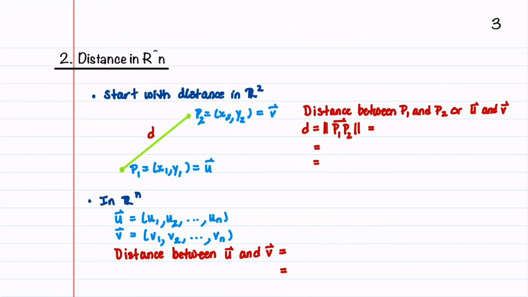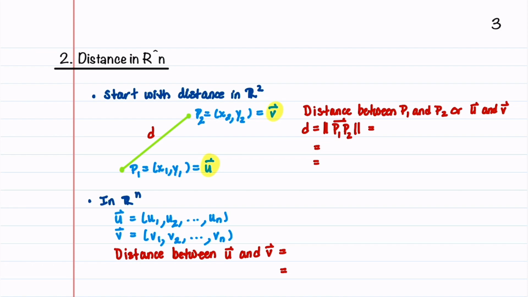We're now going to go over how to calculate the distance between two vectors. We'll start with finding the distance between two vectors in R2. We have a vector u given by (x1, y1), and we have a vector v given by (x2, y2), and we want to calculate the distance between these two vectors.